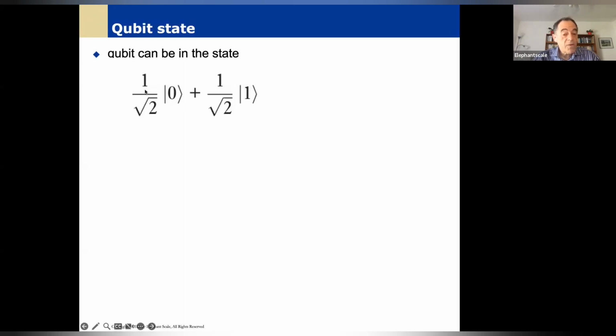When you measure it, 50% that will come out as 0, and 50% that will come out as 1. Wonderful. So now we have a way to represent our qubits by taking the basic state, either 0 or 1, or any combination of this, and that's the combination that I'm offering you.